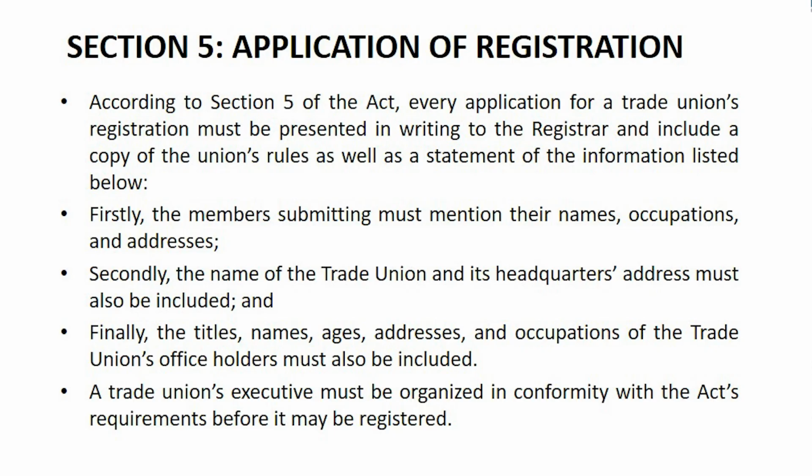And finally, the titles, names, ages, addresses and the occupation of the trade union's office holders must be included. Those who are the office bearers, they must give who is the president, who is the secretary, who is the treasurer, who are the executive members, what are the names of these persons, what are their ages and addresses, and where they are doing the work.